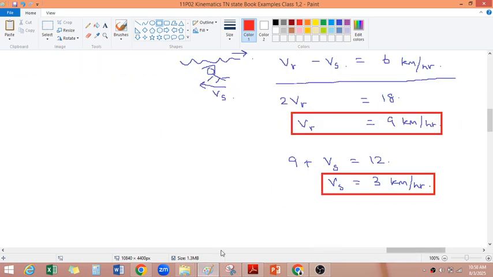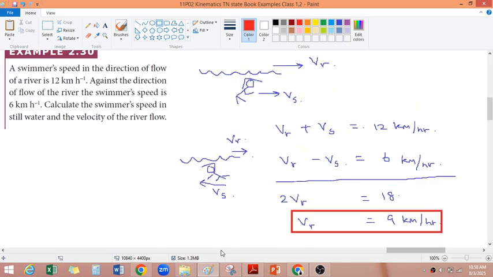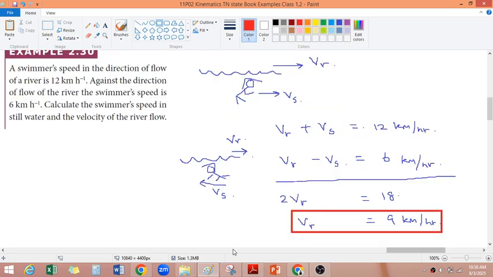Vr is supposed to be higher, Vs should be less, right? You cannot swim. Did I make any mistake here? 2 times Vr is correct, 18 is correct, Vr is 9 is correct. So 9 plus Vs is equal to 12, so Vs for the swimmer is 3 km per hour.